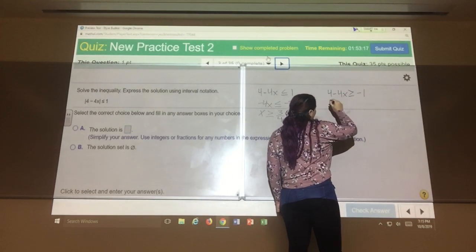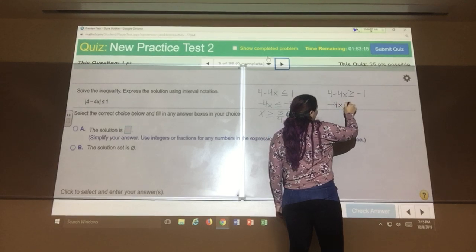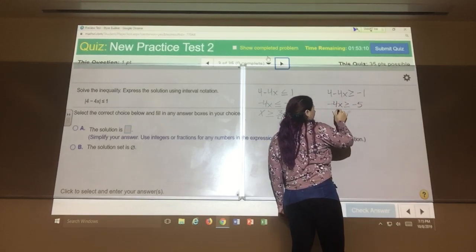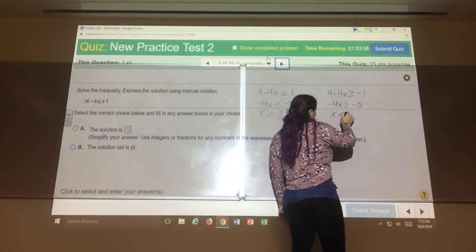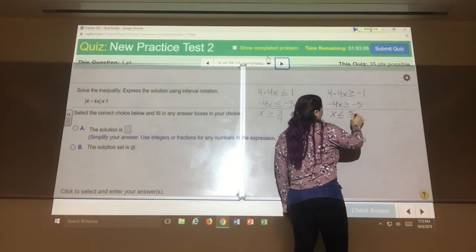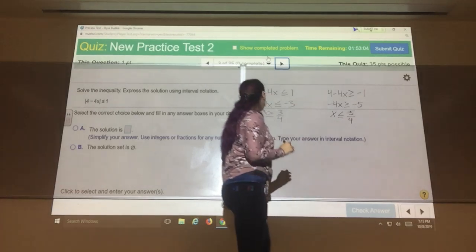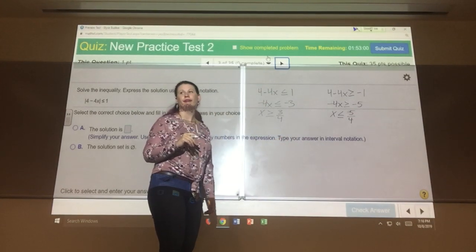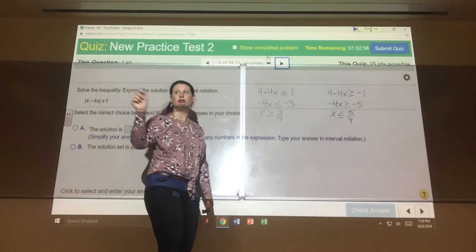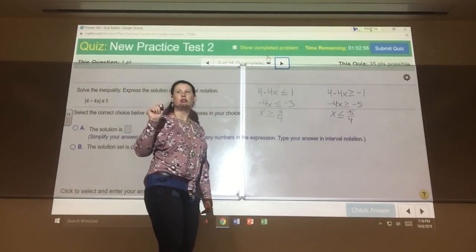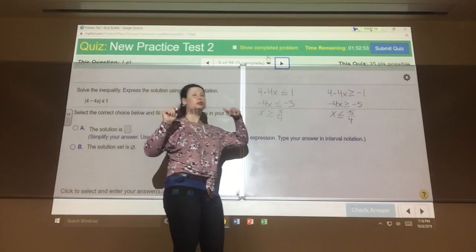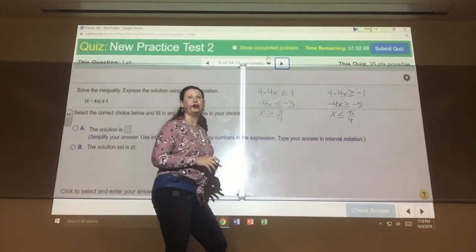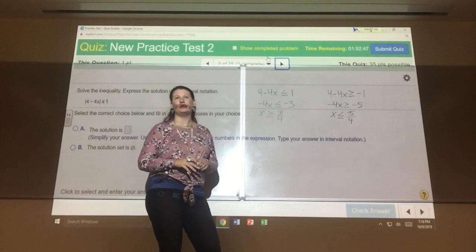So again, subtract the 4, so we get -4x is greater than or equal to -5, and then 5/4. Okay, so now what? Now that we have them both solved, what do we do with them?